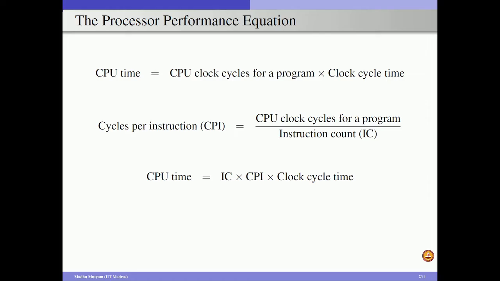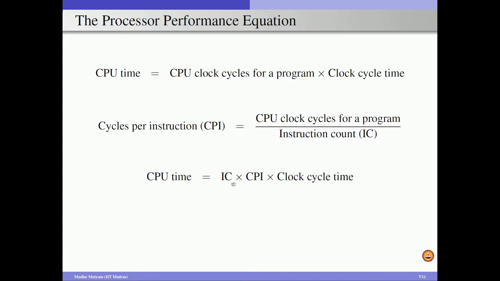To optimize the CPU time, because ultimately our overall idea is to improve the performance, you need to reduce the execution time. In other words, we need to reduce the CPU time. To reduce the CPU time, either we can optimize instruction count, or we can optimize CPI, or we can optimize the clock cycle time.